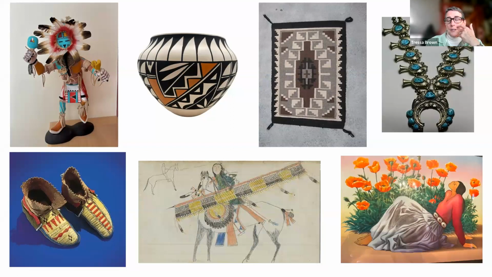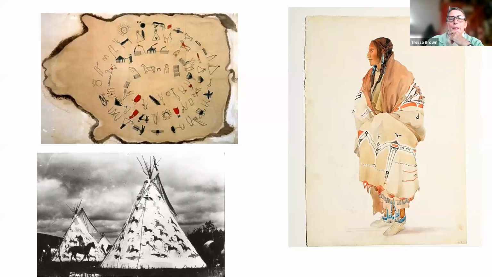And then ledger art comes up, typically if you're in the museum scene or the collector scene or the far end of art writ large. And that's one of the first things I wanted to talk about. Ledger art is an outgrowth of artwork that was done typically by men on the plains, in the central and southern plains.